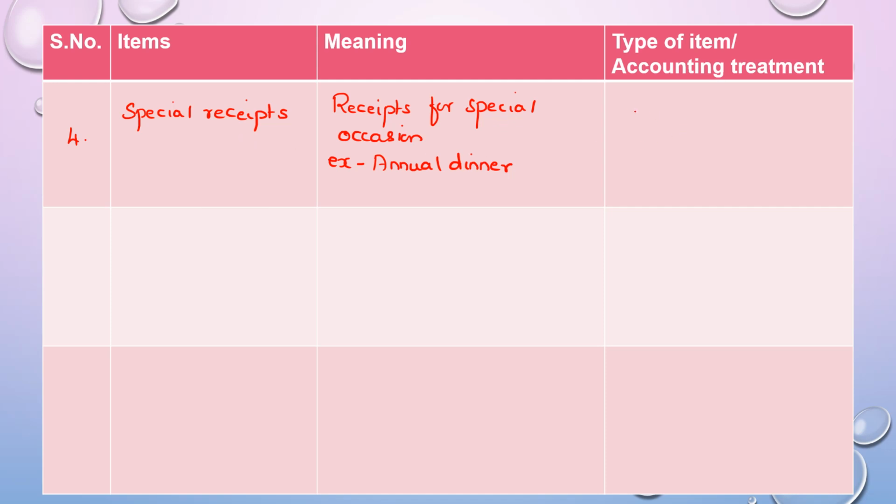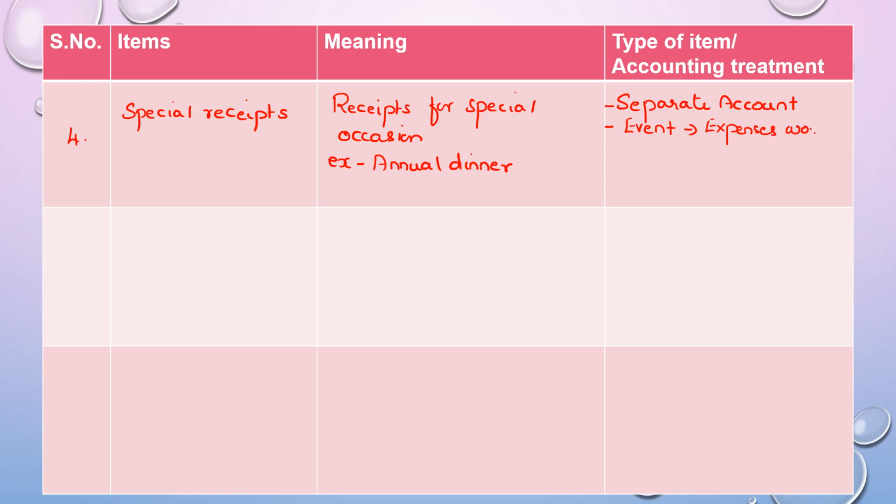So normally when the amount is collected, it cannot be mixed up with any other amount, cannot be used for any general expenditure. So a separate account would be maintained for that particular special receipt. And once that event has been organized, the expenditures would be subtracted.